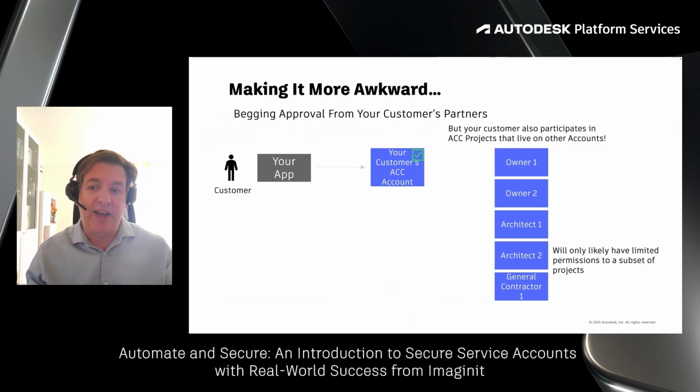And the reality is that you as the application developer, it's kind of awkward that you have access to every single project in that ACC account, even though your customer might only be a very limited participant in that account over there. So it's just a very jarring kind of thing.